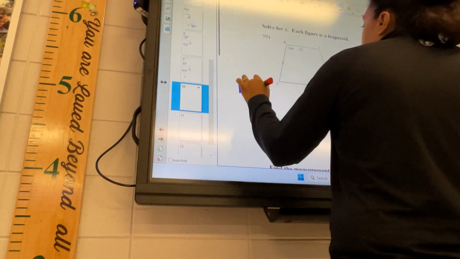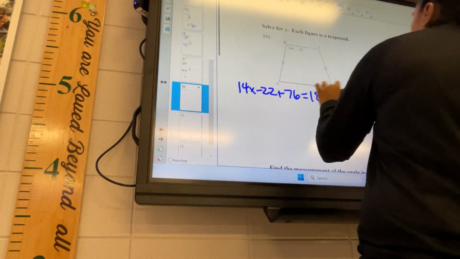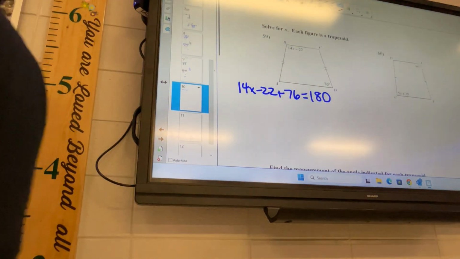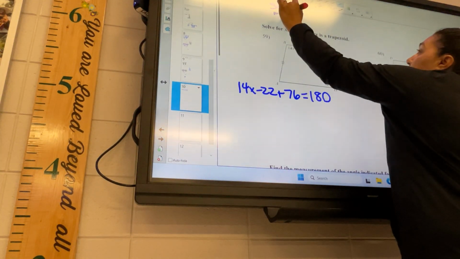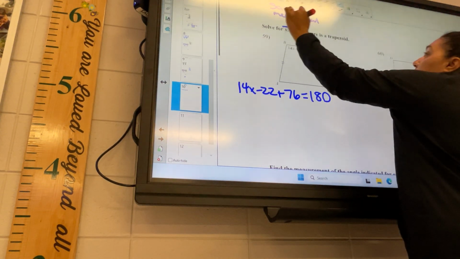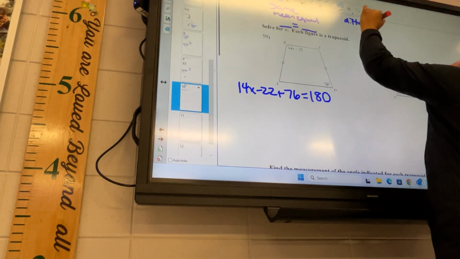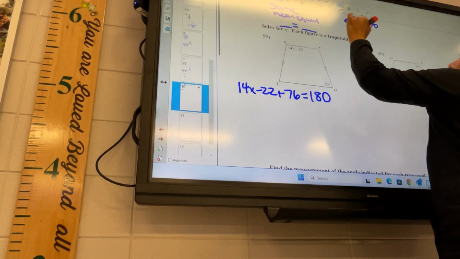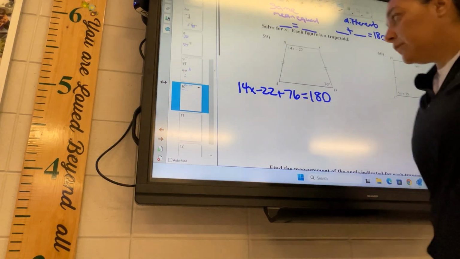So 14x minus 22 plus 76 equals 180. Okay, so the same means equal, so we set them equal. If they're different, we add and set equal to 180.